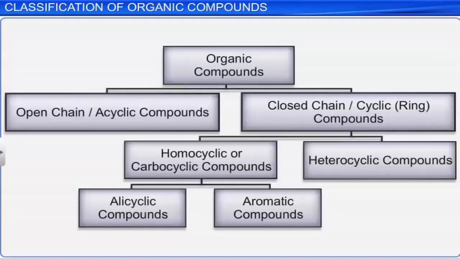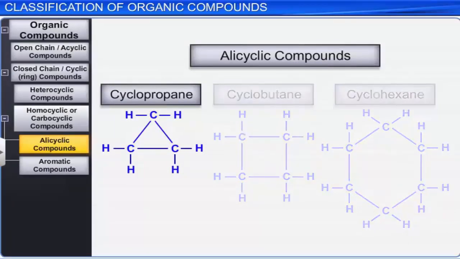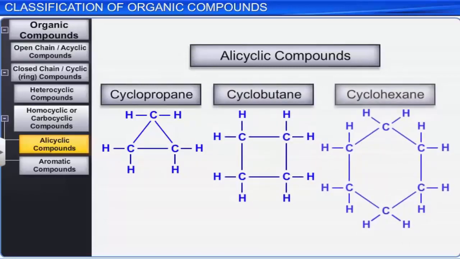Homocyclic compounds which resemble aliphatic compounds in their properties are called alicyclic compounds or aliphatic cyclic compounds. An alicyclic compound consists of a ring which has only carbon atoms. For example, cyclopropane, cyclobutane, and cyclohexane.